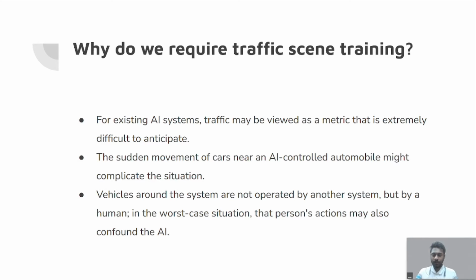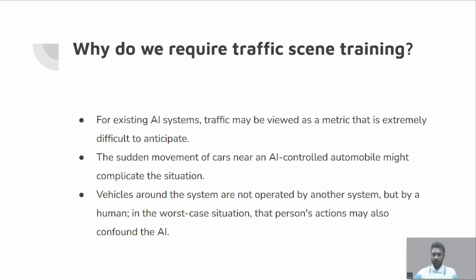The AI needs to focus on the car, and based on that the AI model needs to alter itself from time to time, which leads to memory, hardware, and processor intensive calculations. And vehicles around the system are not operated by another system, but by a human.